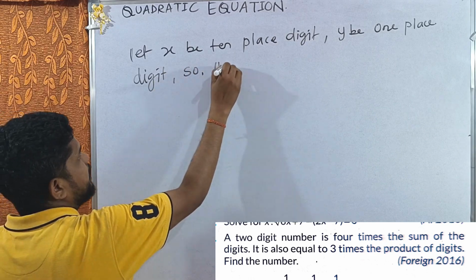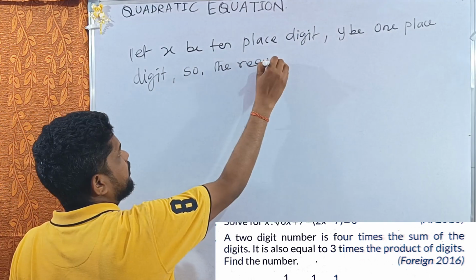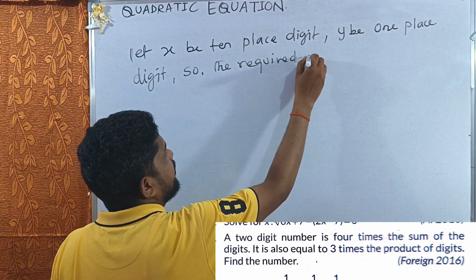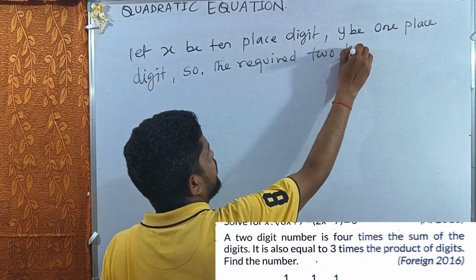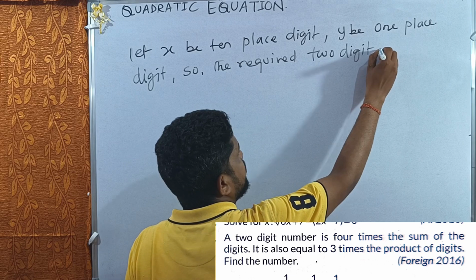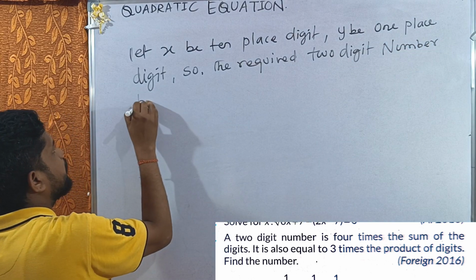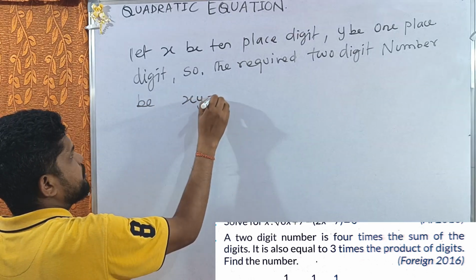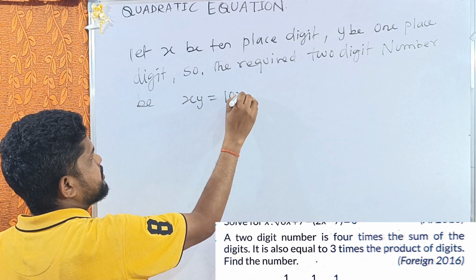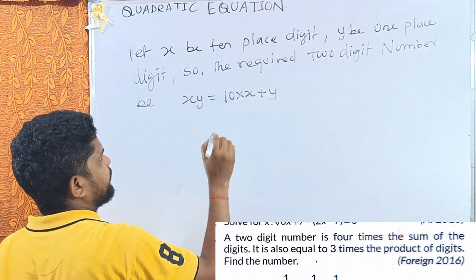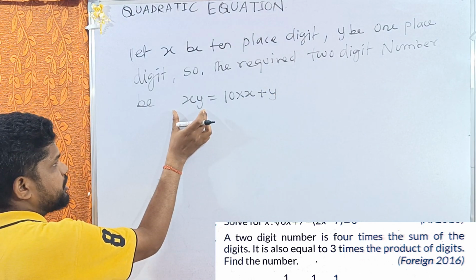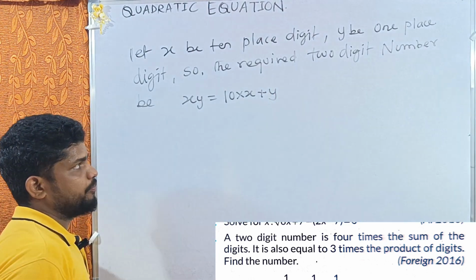So the required 2-digit number is xy, which is 10 times x plus y. I have written this 2-digit number in expanded form.